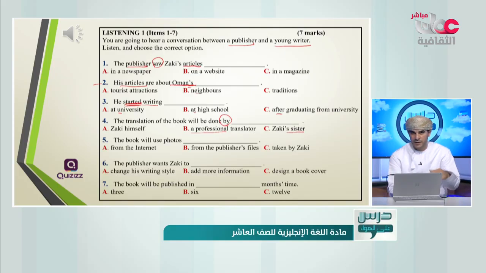So one of them is going to translate. Number 5, the book will use photos. The photos in the book are going to be from the internet, from the publisher's files, or ones that Zaki took himself.